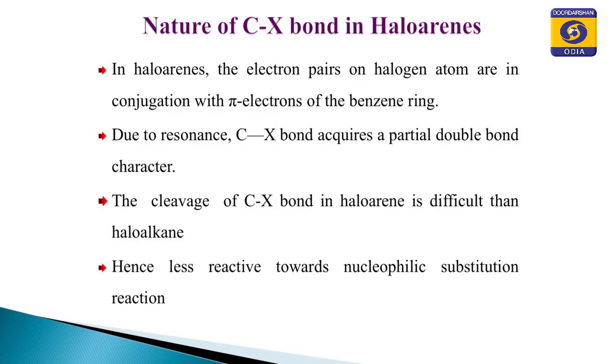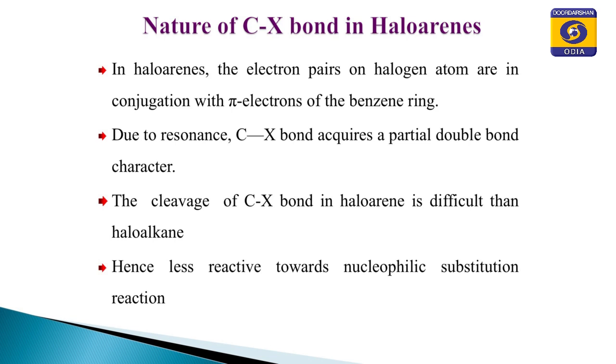So, what is the nature of the carbon-halogen bond? In haloarene, the halogen atom has lone pairs of electrons. All of you know that when halogen forms a bond with the carbon atom, it has 3 lone pairs of electrons. Now, these electron pairs present on the halogen atom are in conjugation with the pi electrons of the benzene ring.